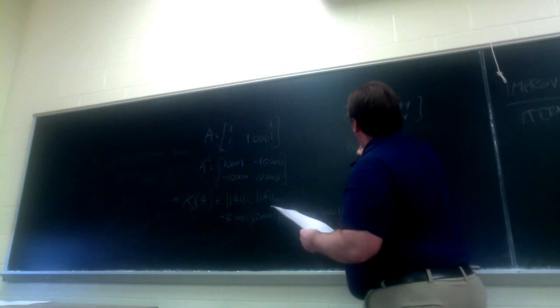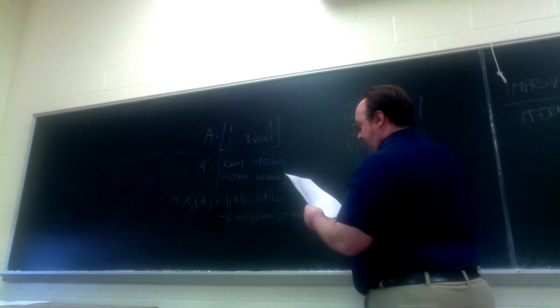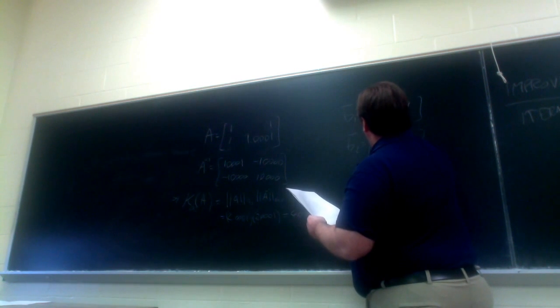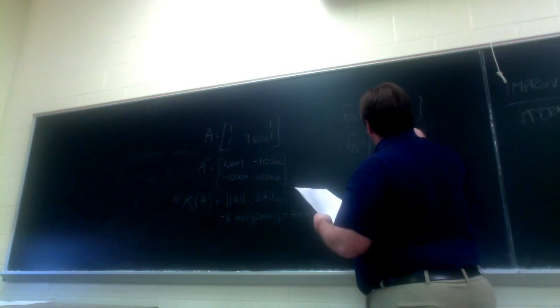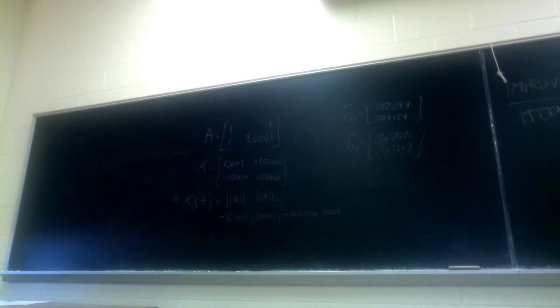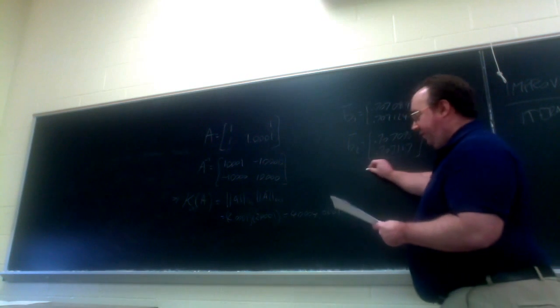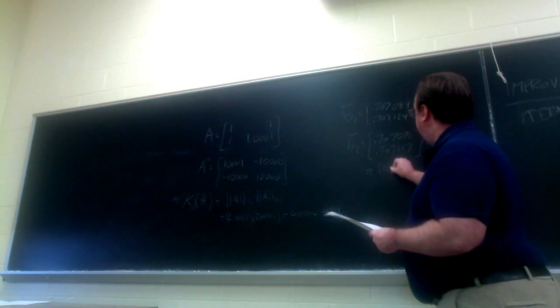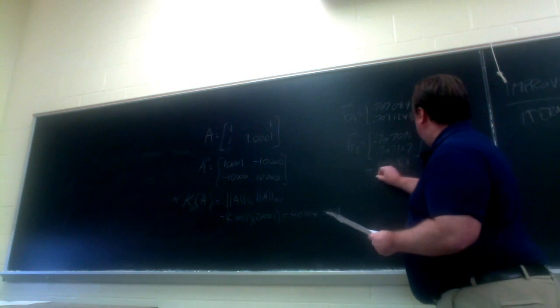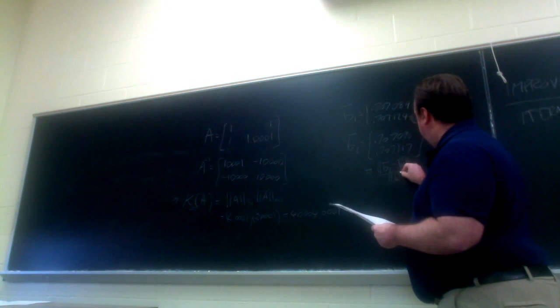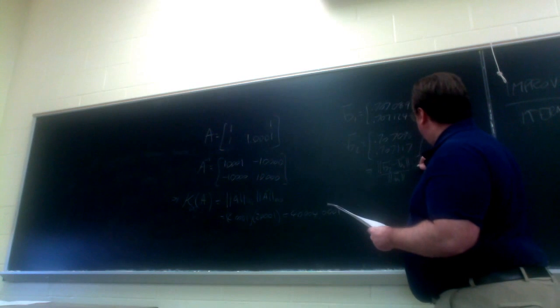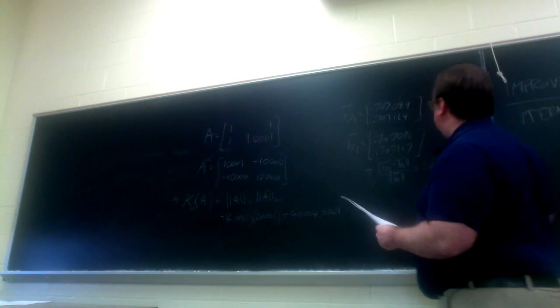Okay, so B2 is 6. Okay. So as you can see, the entries are all very close to each other. They agree to nearly 4 decimal places. So in fact, the relative difference is on the order of 10 to the minus 5.